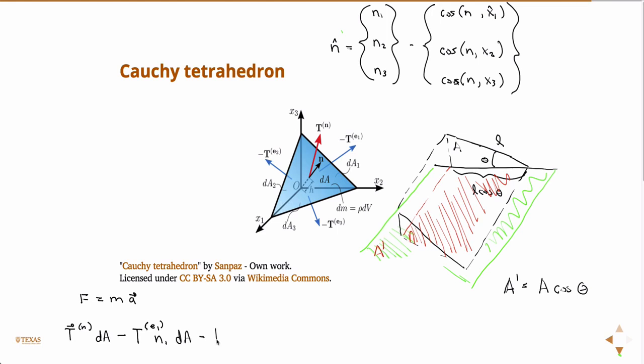And likewise for the other components. So T E2 N2 dA minus T E3 N3 dA. These are vectors. So that's the sum of the forces. That's all forces. F equals ma.